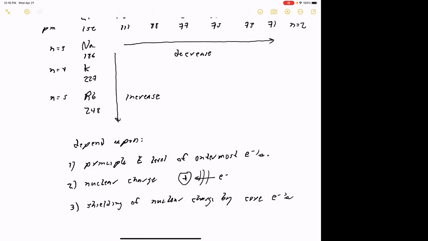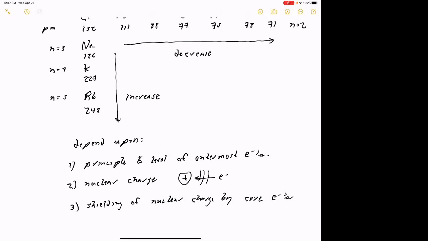Basically each one of those represents an energy level, an N value. Those electrons are going to shield the outermost electrons from the increased nuclear charge that I'm seeing. So they're diluting it, in a sense.